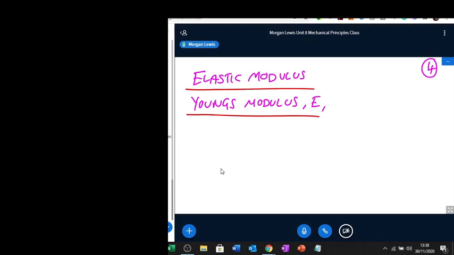Going back to materials, it's this. If you pull something apart, like we've sort of talked about, it does a straight line and then does something like that. This bit here, the straight line bit, is where it obeys Young's modulus.